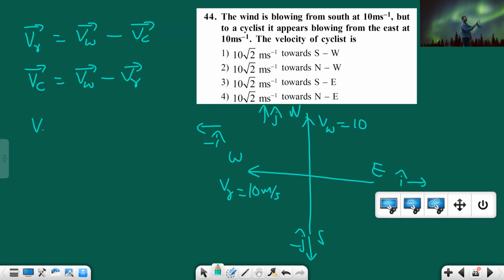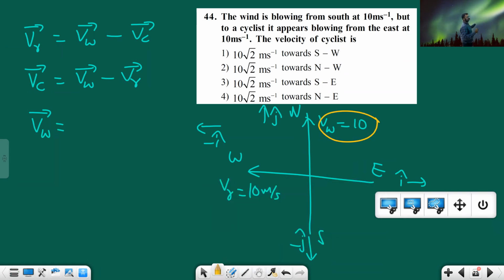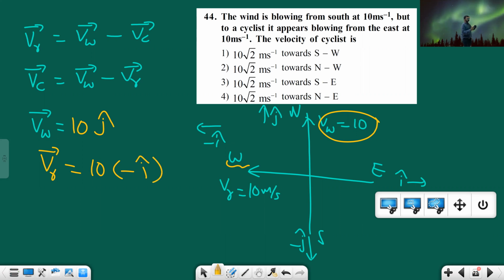Here VW value is 10, so I can write it as 10 into J cap. And VR bar is also 10, but in the west direction, and west is minus I cap.